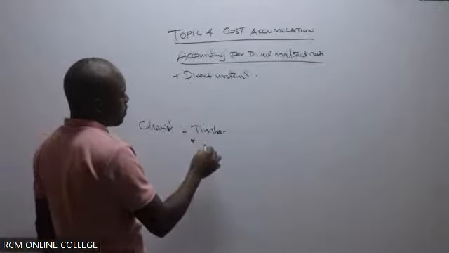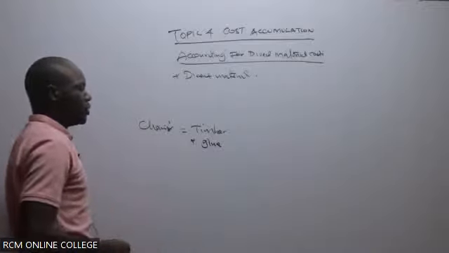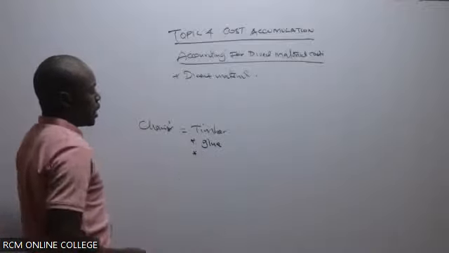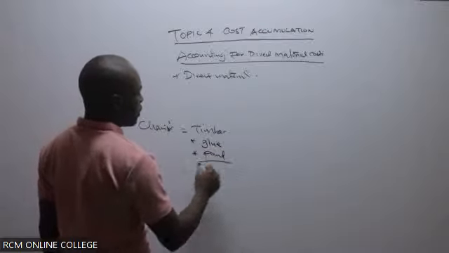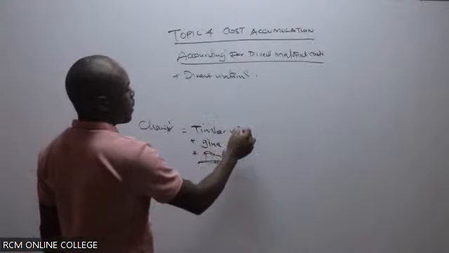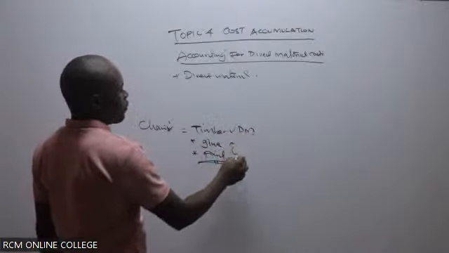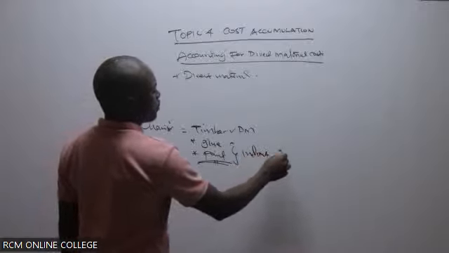Maybe I may need glue. I may even need some paints to take care of the invisible parts, things of that kind. But the main item here is timber. So this timber will be the direct material. These ones here will maybe be indirect material.